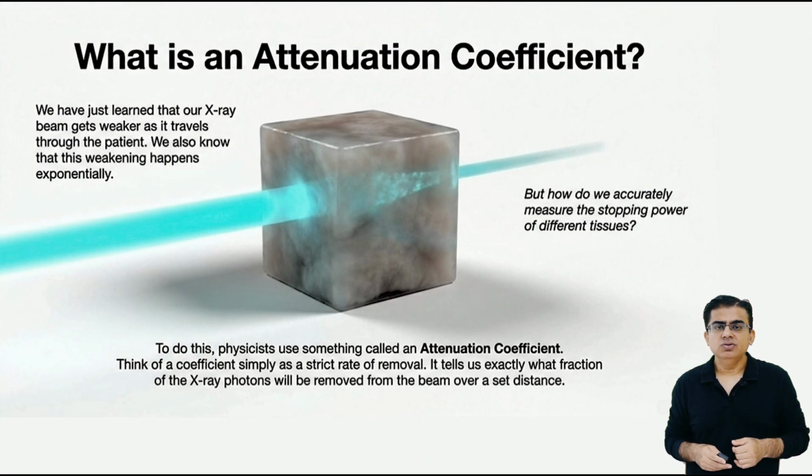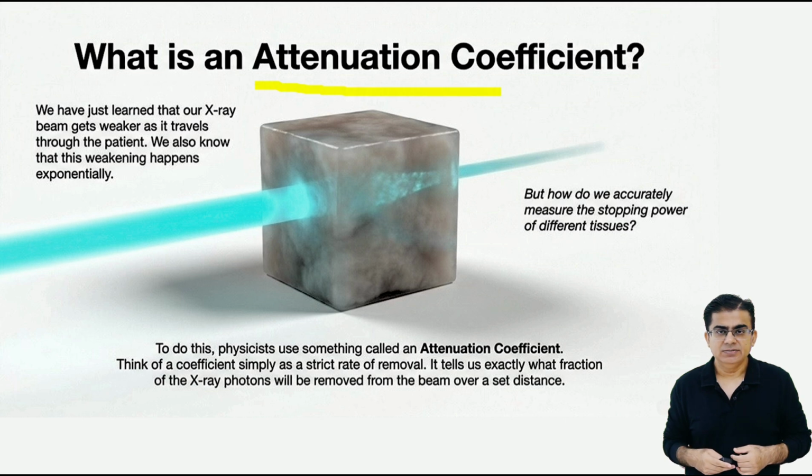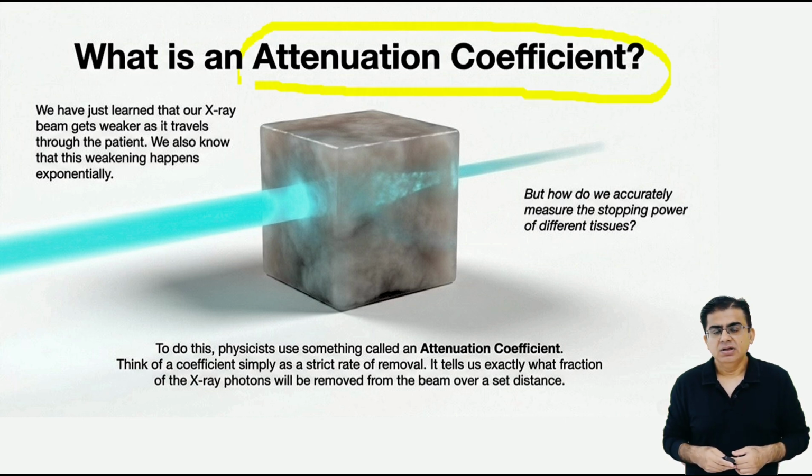Now let us move to another topic of our lecture, attenuation coefficient. Listen, we have just learned that the X-ray beam gets weaker and weaker as it travels through the patient's body tissue. But we must clearly understand exactly how this weakening of photons actually happens.